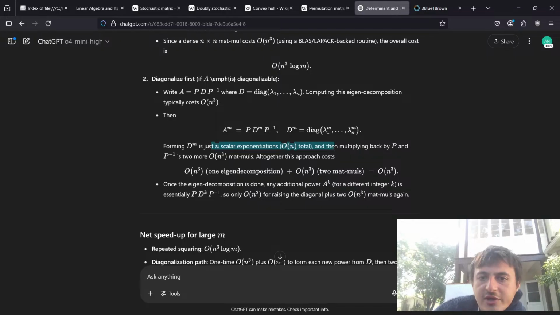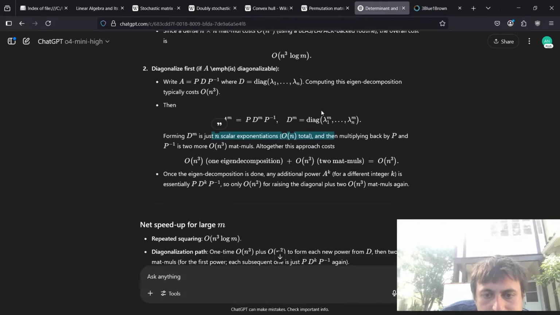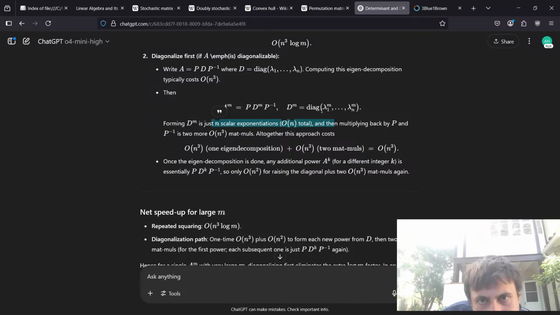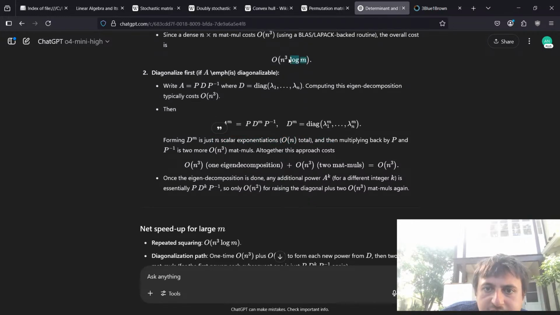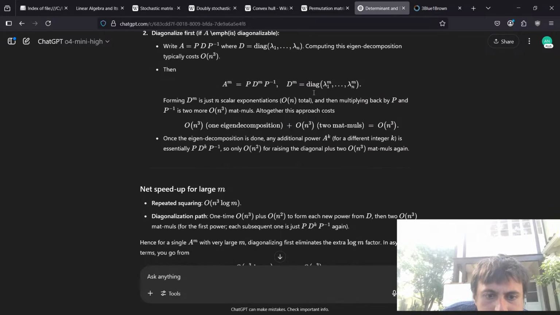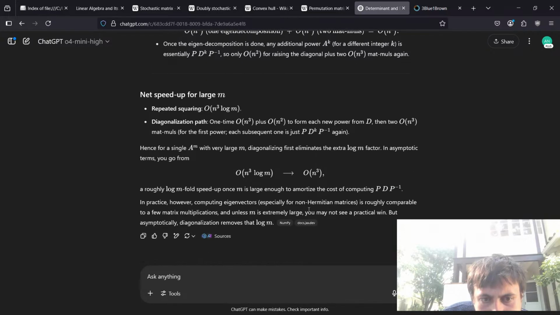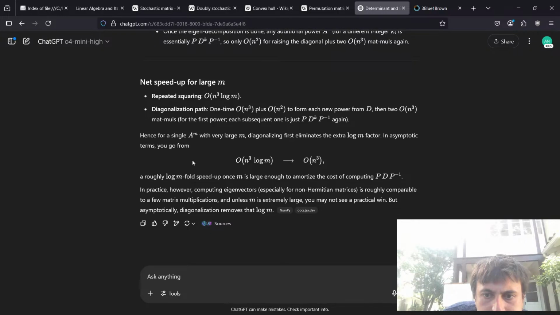Yeah, so that's going to be 2n cubed. I mean, this is pretty big, though. N cubed log m. Yeah, right.